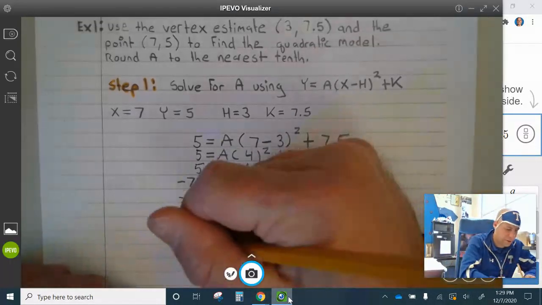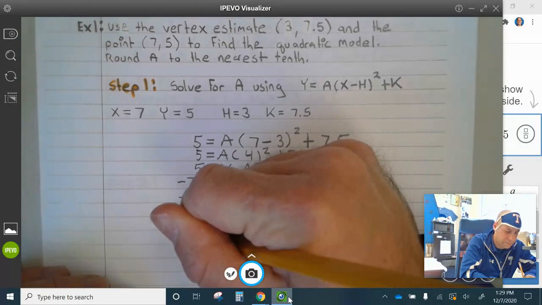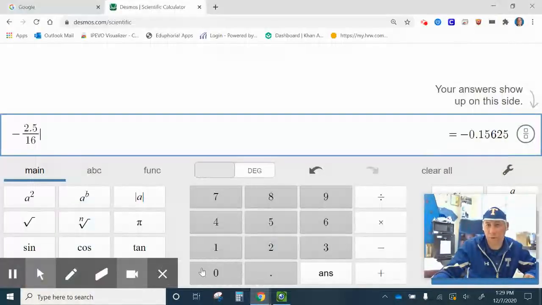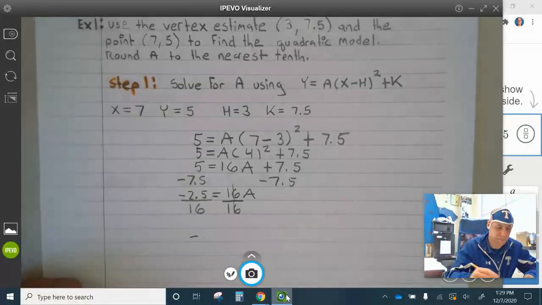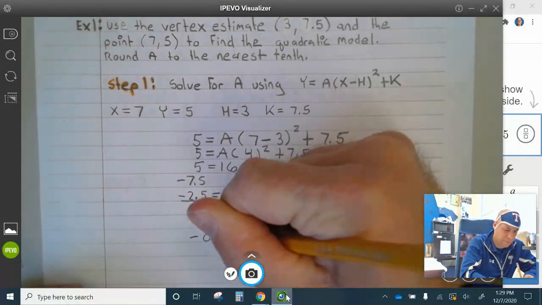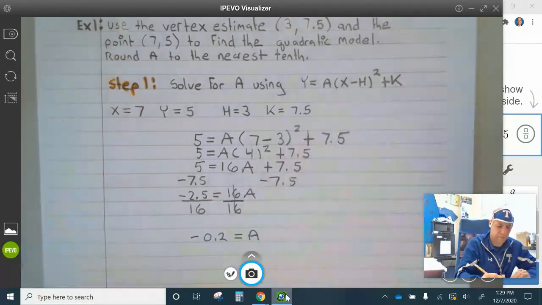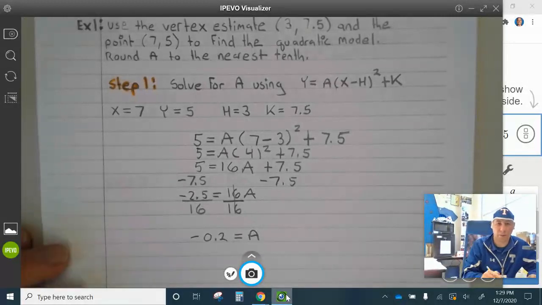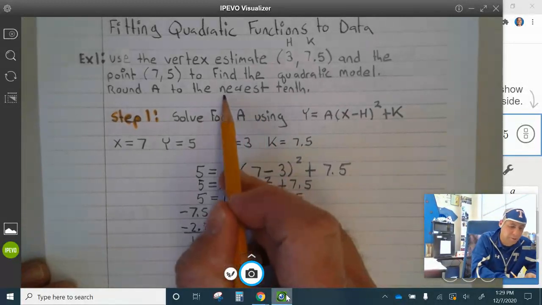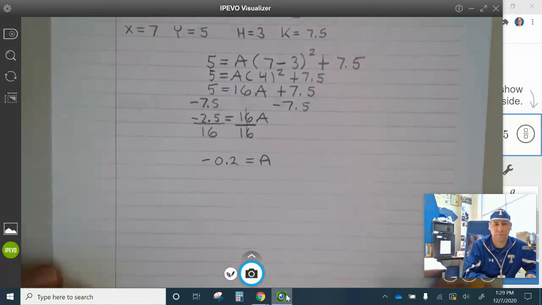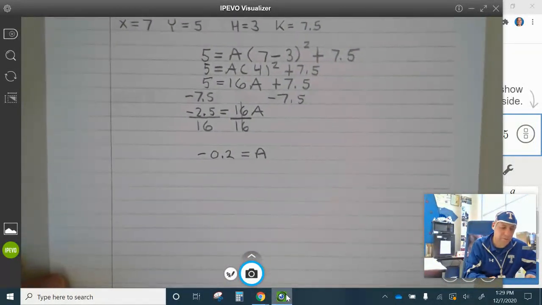So that's negative 0.2. We rounded it there because it says to the nearest tenth. Now we have our a value.